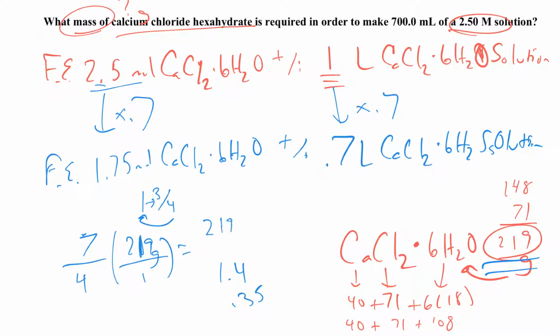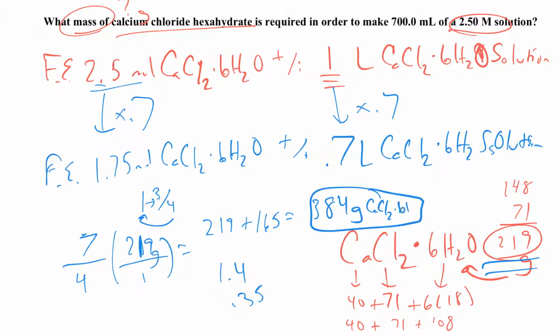So we'd have 219 for 4/4, and then 3/4 of that number. 3/4 would be about 165. So this is about 384 grams of CaCl2.6H2O. And again, you can use a calculator, probably get a better answer than I can here, but somewhere around there.